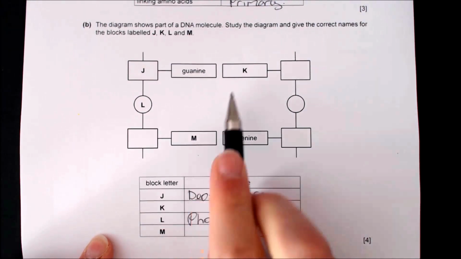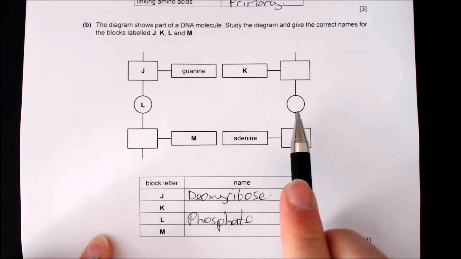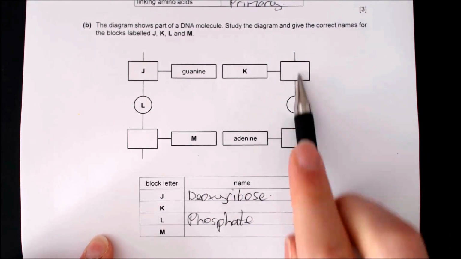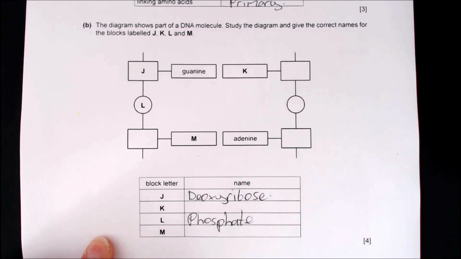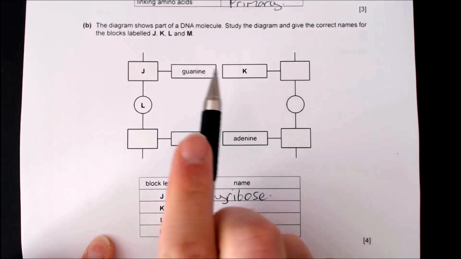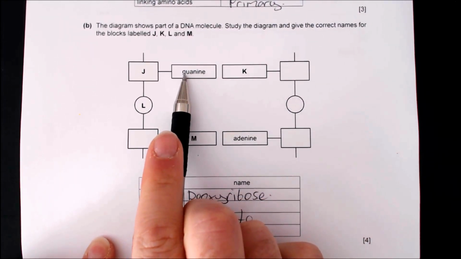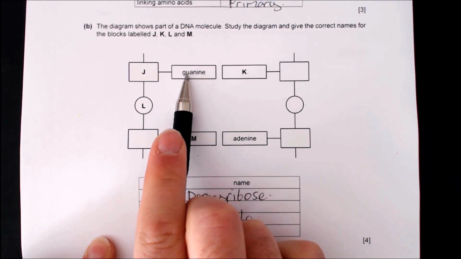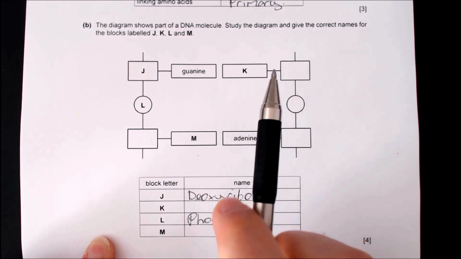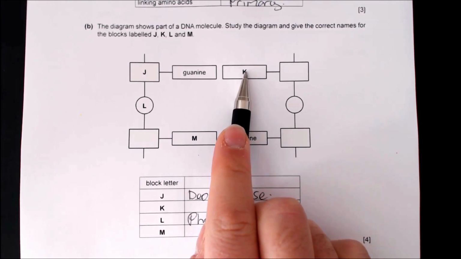And then we have to look at our bases. K and M are the bases. These are like the different rungs of the ladder, effectively, and this is like the backs of the ladder. So we've got this double helix strand here. The bases sit in between. Specific bases pair up in specific ways. There's 4 letters that you need to know for DNA, which are G, C, A and T. Now G and C go together, and C stands for cytosine.